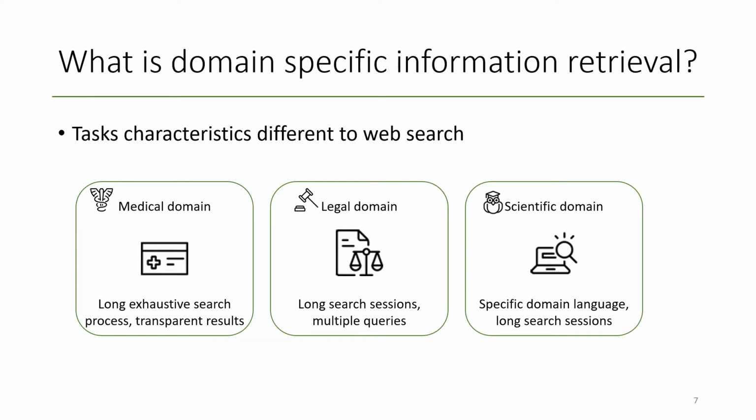And it's very critical if you don't find one clinical trial which is maybe relevant in this case or maybe relevant for this patient with a relevant side effect which the drug could have for using in treating the patient. So in the medical domain, therefore, it's very important to make an exhaustive search and find all the relevant clinical trials, for example.